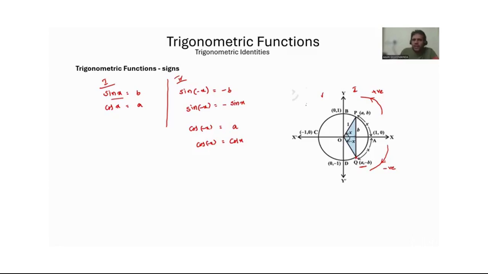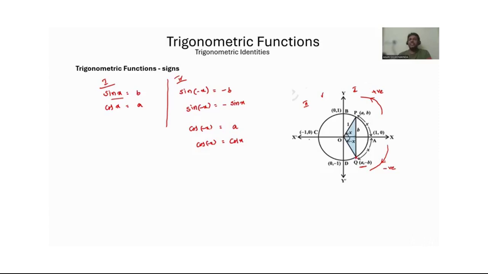Okay? And in the second quadrant, which term is minus here? The x term is minus. Whichever has the adjacent side, that will be negative. So the x value is negative, which means sine is positive and cos is negative.